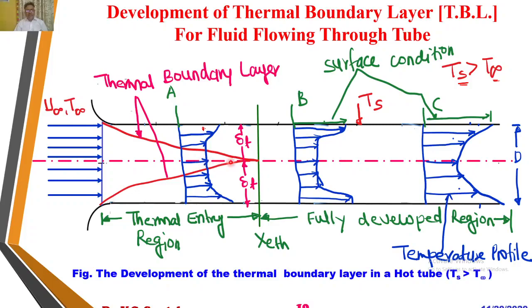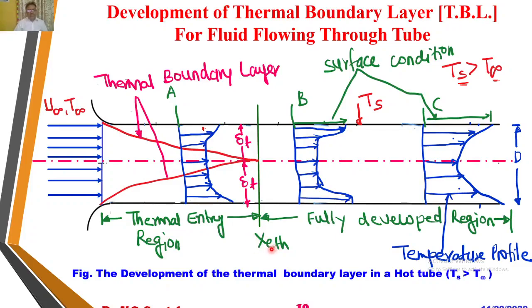And this effect will grow because the temperature effect is penetrating more and more as we move towards the center line. So once again, there will be a thermal entrance region where the temperature profile is continuously varying, and the boundary layers from both the sides merge at the center line.